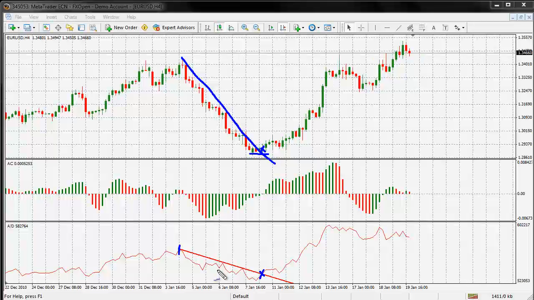The best way to actually get into a trade is by having a set of rules. 1. Identify the trend. 2. Identify the signal. 3. Find a confirmation. Very, very important. Find the trend, find the signal, find the confirmation.